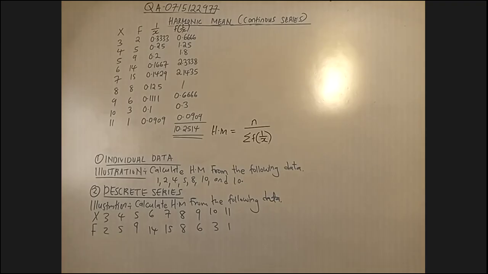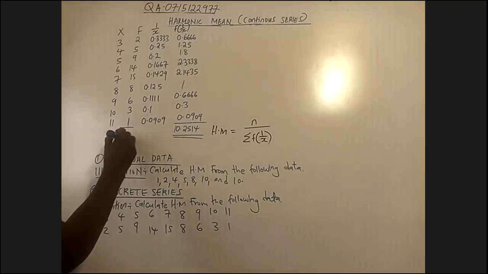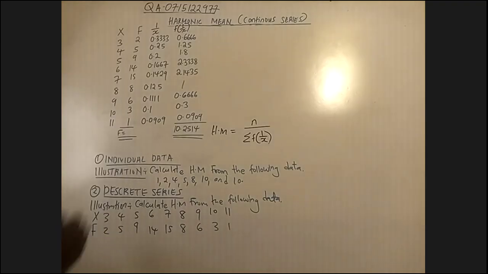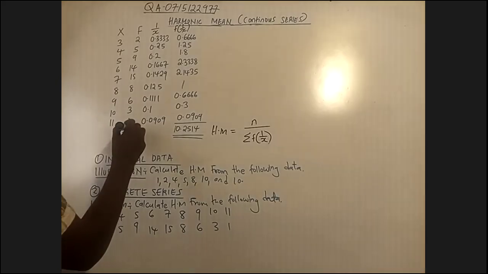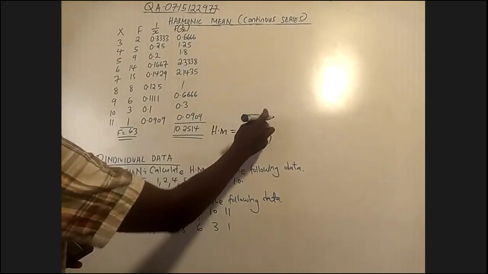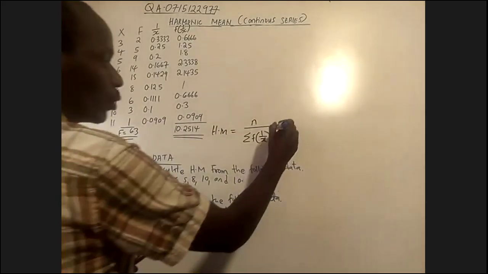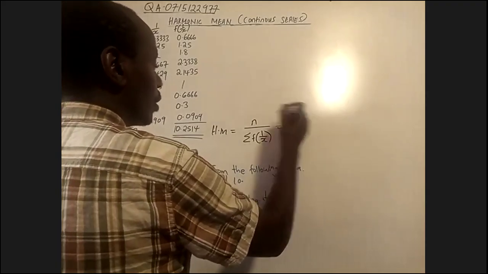Unified frequency. What is the total frequency here? 63. Now, because we have frequency, our n here represents frequency. So because we have the frequency, our n now will be the number of items.